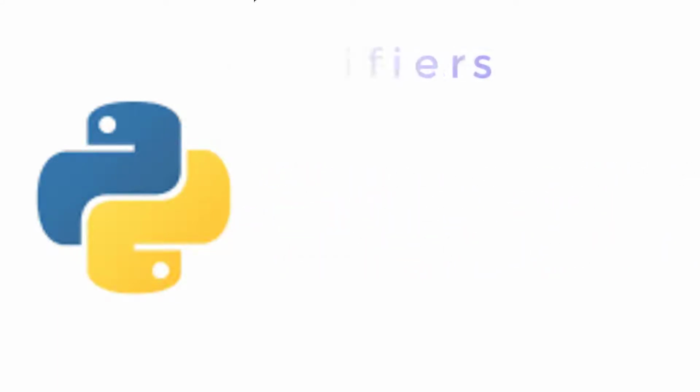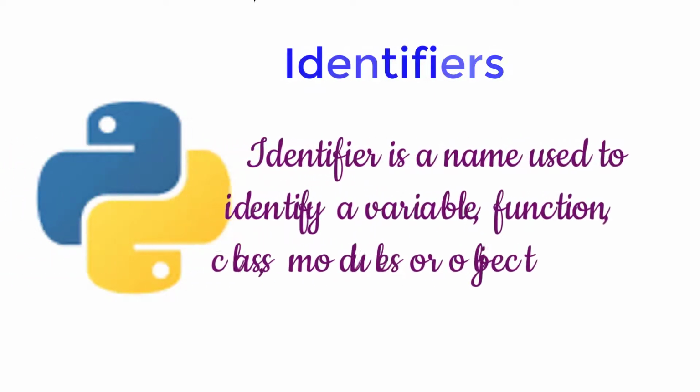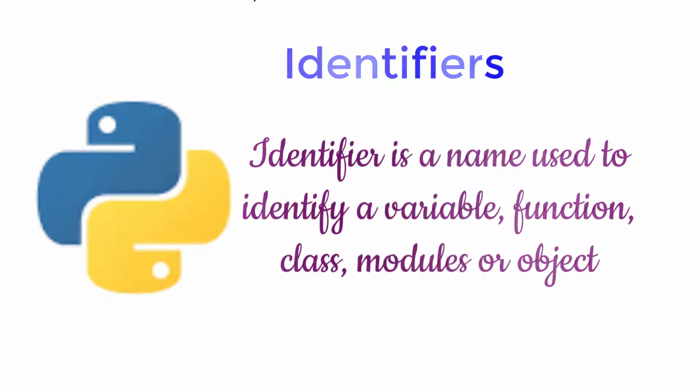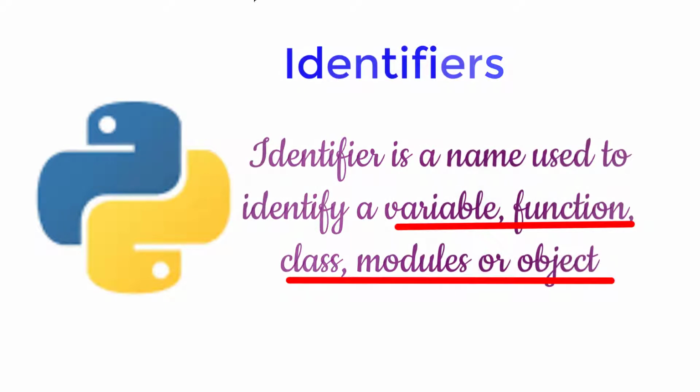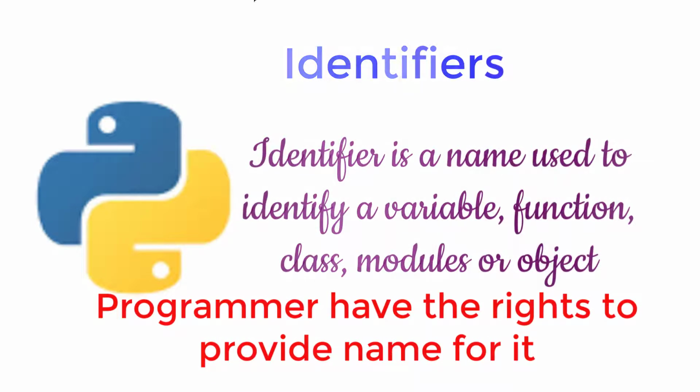Now let's see identifiers. An identifier is a name used to identify a variable, function, class, module or object. So just see for which terms in coding we give the name identifier. We give it for variables, functions, classes, modules, objects, etc. For all these terms, the programmer has the right to provide a name for it.